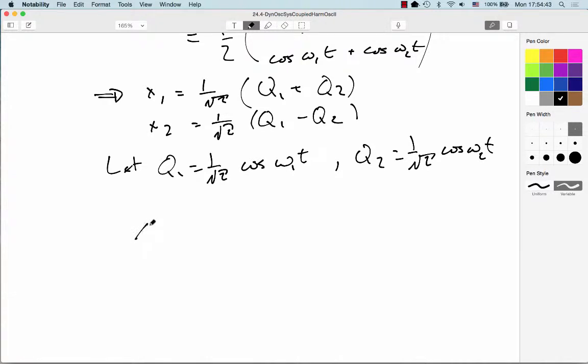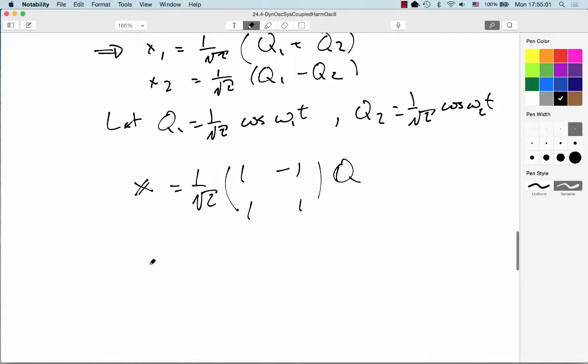We can write our transformation matrix x as being 1 over root 2, and then to get the first of these solutions, I'm going to have 1, minus 1. And to get this solution, I'm going to have 1, 1, times our Q matrix, right?